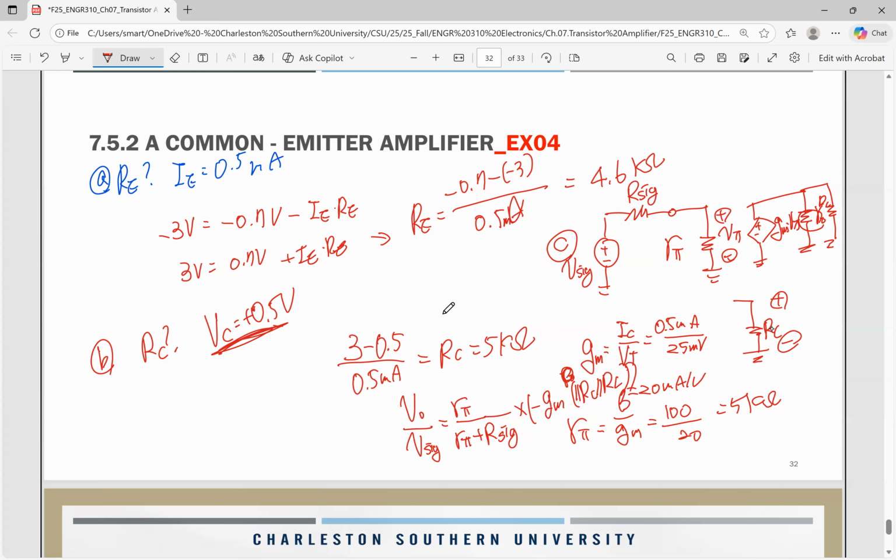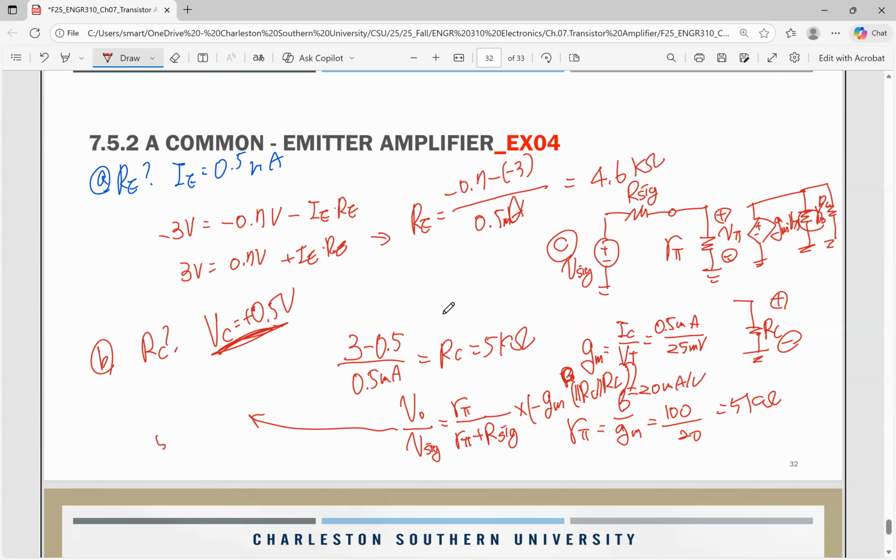So in here, that is 5 over 5 plus 2.5, multiplied by minus 20 times 5 parallel 10. This is minus 44.4 volt per volt.